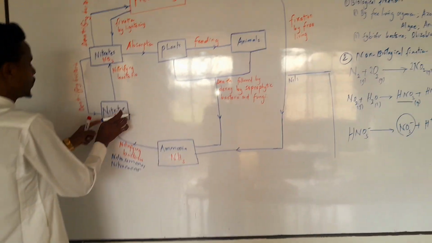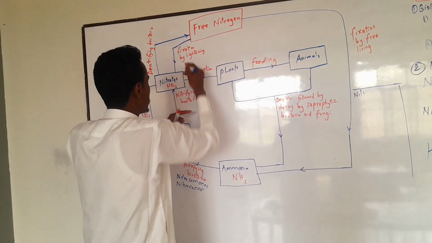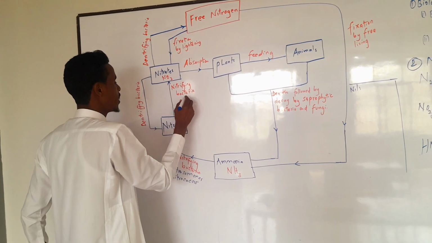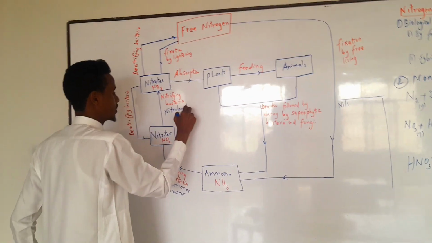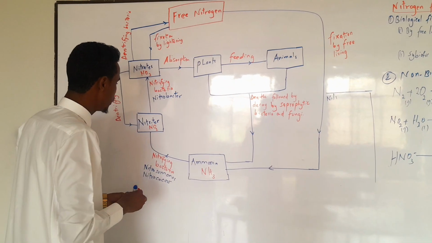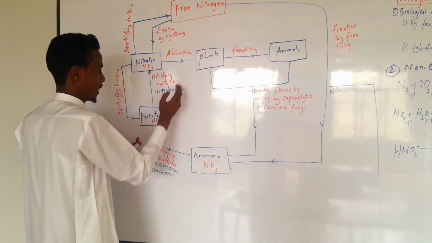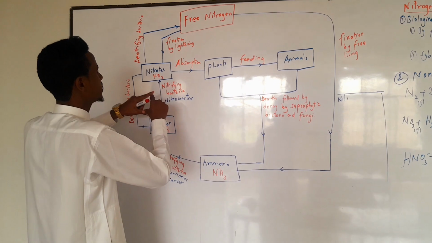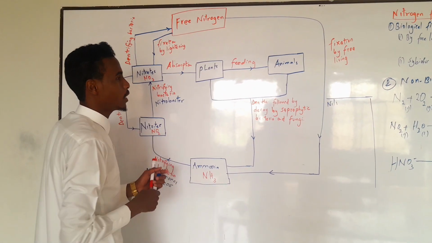Again, this nitrite has to be converted to nitrate by the nitrifying bacteria. Here we have the nitrobacter. This nitrobacter converts the nitrites into nitrates.